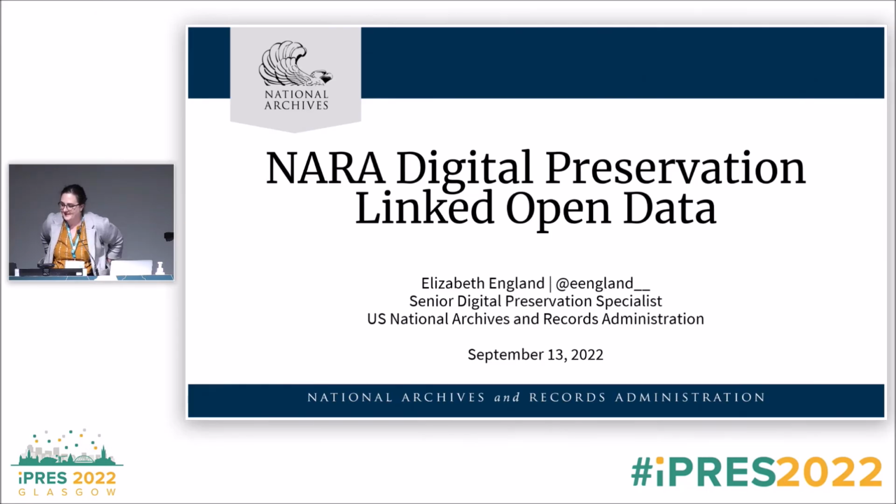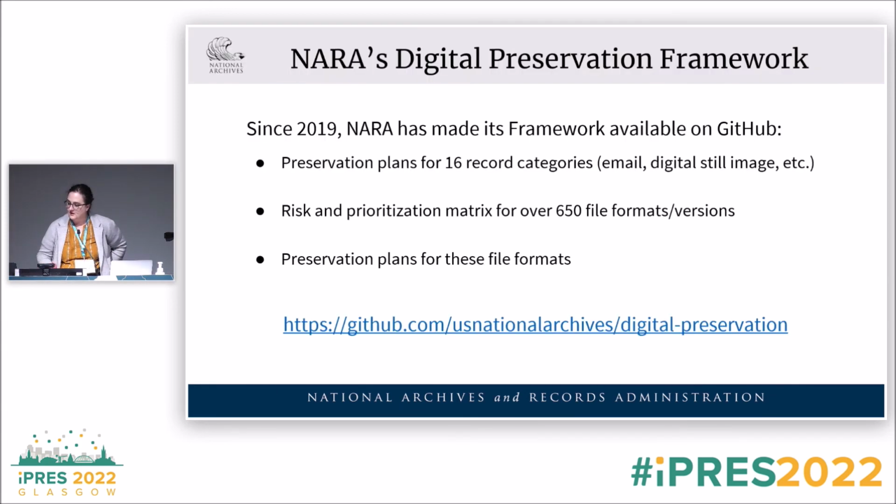All right, hello, I am Elizabeth England from the U.S. National Archives and Records Administration, and I'm going to quickly tell you about our newly available linked open data. For some background information, since 2019, NARA has made its digital preservation framework available on GitHub.